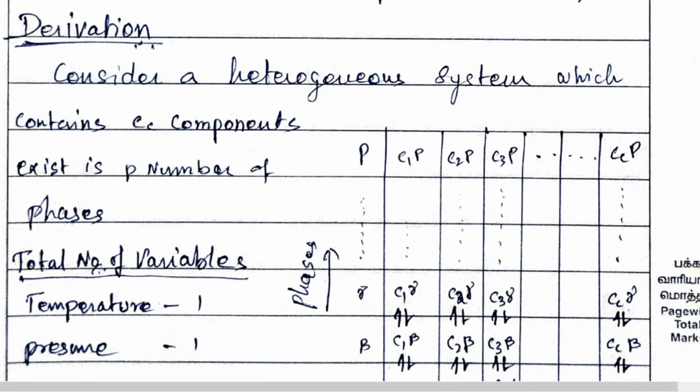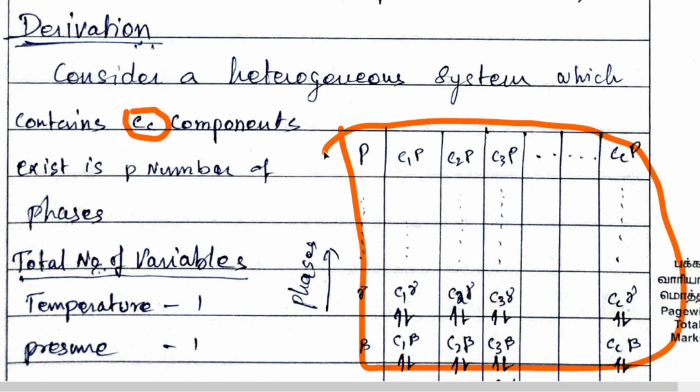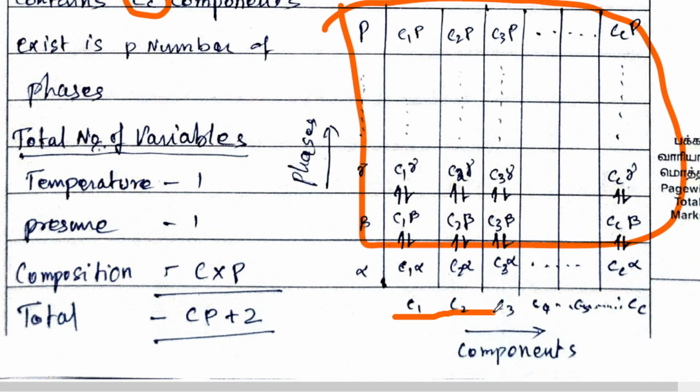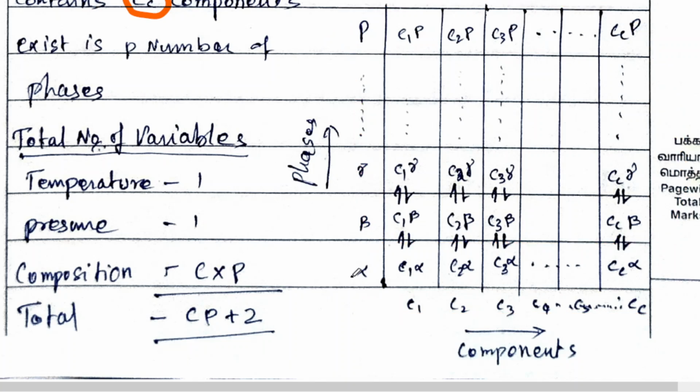For the derivation, let us consider a heterogeneous system which contains C number of components, and that is explained here. These are the components: component 1, component 2, component 3, component 4, etc. until component C. And each component exists in different phases.